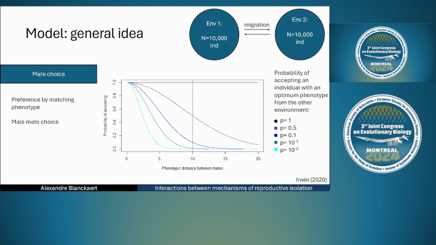So your mate choice was matching. I was wondering if you have some ideas about adding a signal and trait kind of mate choice. I mean, you would have to want a more step-like function instead of this Gaussian, so that the signal is much clearer.